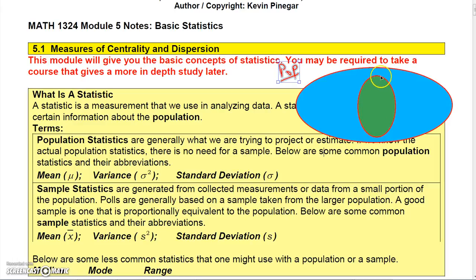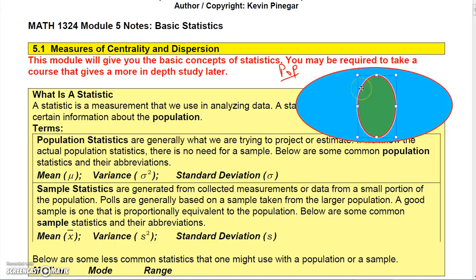Within that population, we could take what's called a random sample of the population, and we could measure a statistic from that sample. Now, if that sample is a good enough sample, it will give us good information about the population. So the sample is kind of a mini-me of the population.